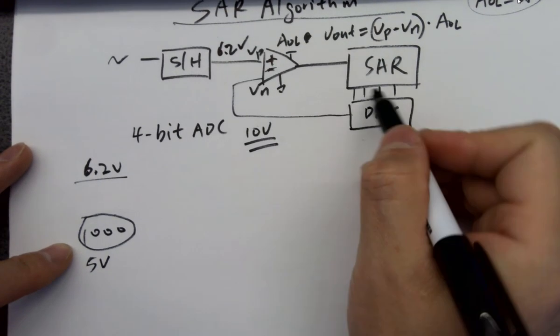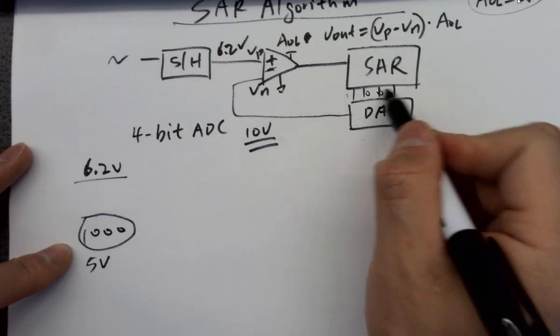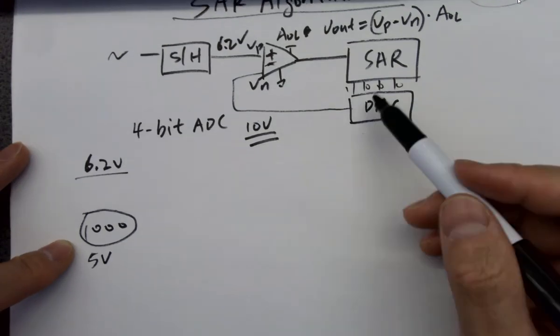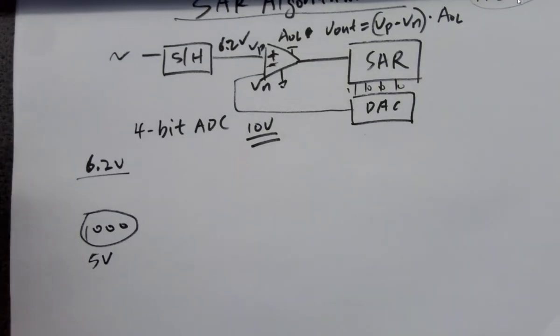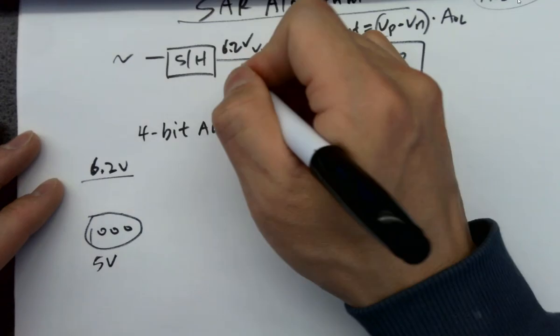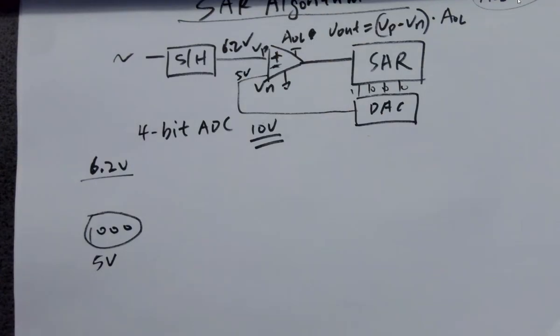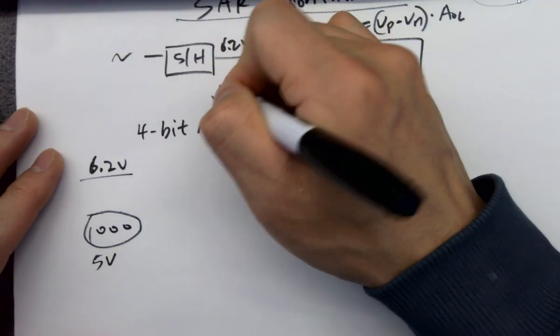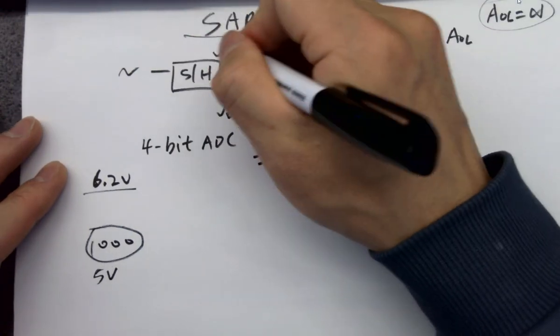The first reset value given to the SAR as an initial state is 1000, and it's 5 volts. So we call this VDAC, and we call this Vin.